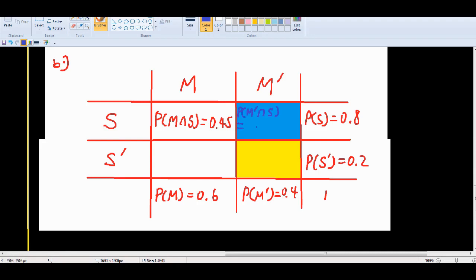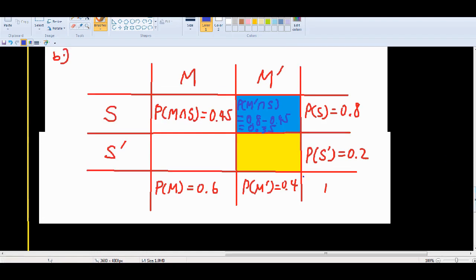That probability can be found by 0.8 take away 0.45, so this will be 0.35. Now you can find the yellow box: P of not born in Mackay and not participating in sports. Obviously we should use 0.4 take away 0.35, so that's 0.05.